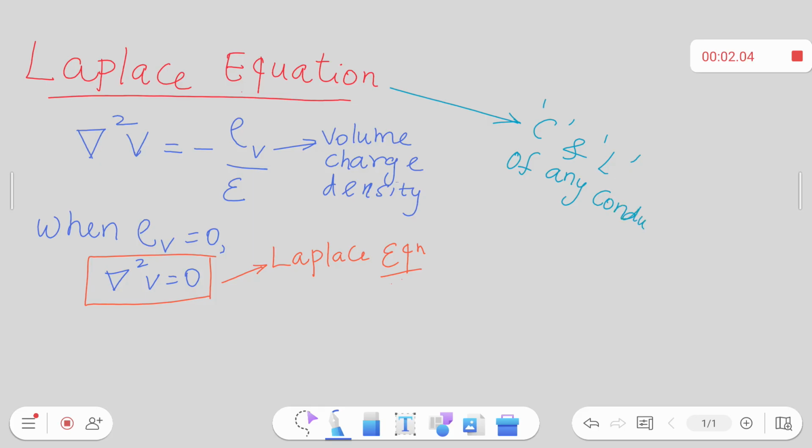So to find this, now we will use this Laplace equation and find the capacitance of a spherical capacitor.